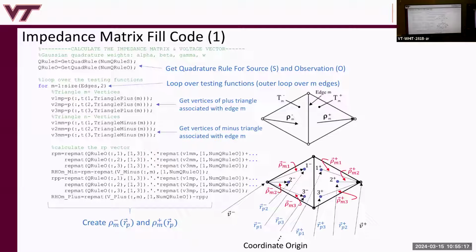Dot transpose means do not do conjugation when you do the transpose. So make sure you add this dot here if you're going to use the transpose operator, because then you'll avoid having bugs in your code with conjugation. And you multiply that by the free vertex and you repeat that matrix by 1 times the number of the quadrature rule, which is a 3-point rule.